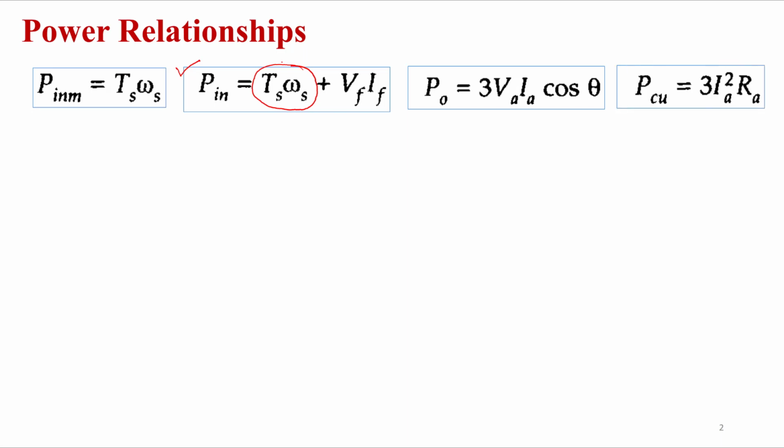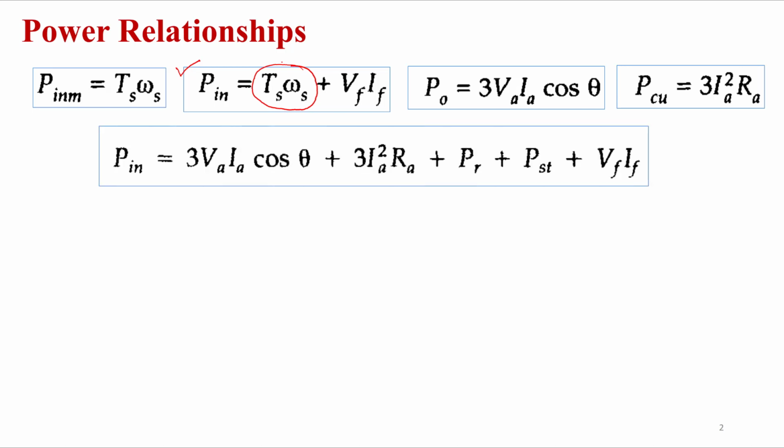And there are certain losses also. So copper loss we can write in the armature, that is 3 Ia square Ra, and therefore I can write the total input power, Pin, is equal to the output power plus losses.